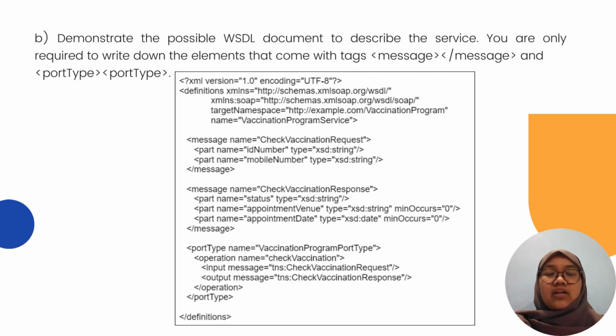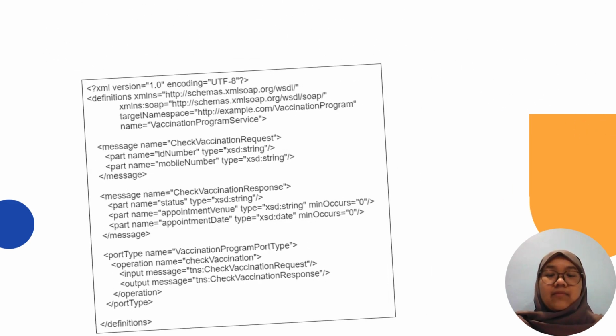This code defines the structure and elements of the web service that can be used to check a person's vaccination status by sending their identification number and mobile number as input and receiving a response with the status and, if available, the appointment venue and appointment date.